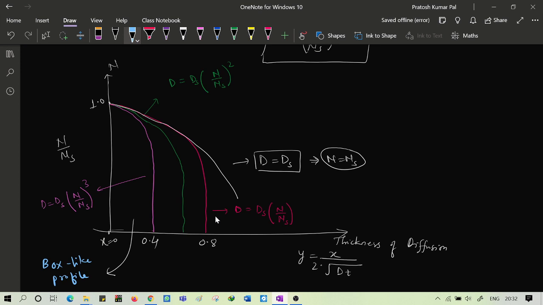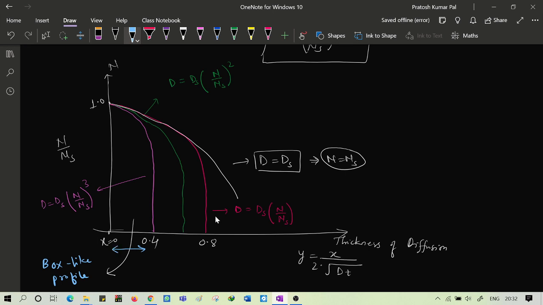So if the diffusion coefficient reduces with the power of 3 of the dopant concentration, then the diffusion depth or junction depth we can get is this only.